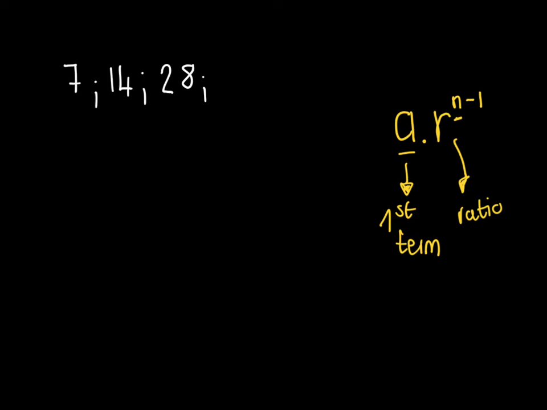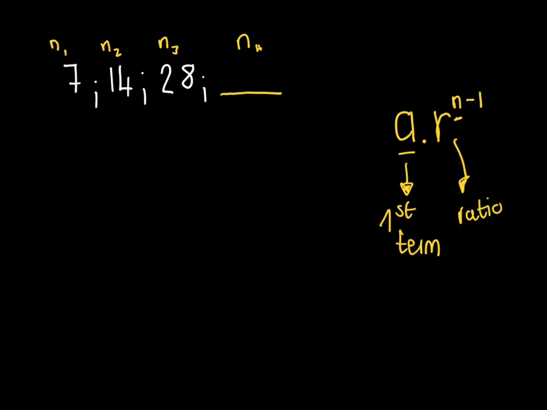Now we know that we're looking for the next number in this sequence, which means if 7 over here is n1, and 14 is n2, and 28 is n3, we know that the number we're going to be looking at over here is the fourth term in the sequence, which is n4.